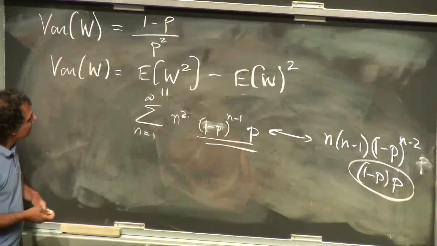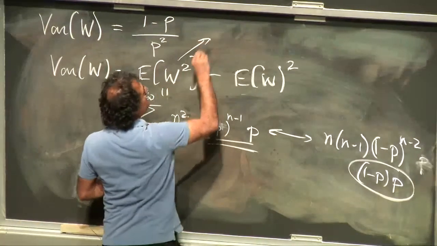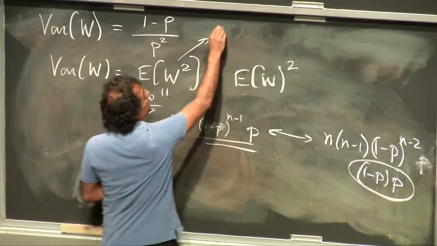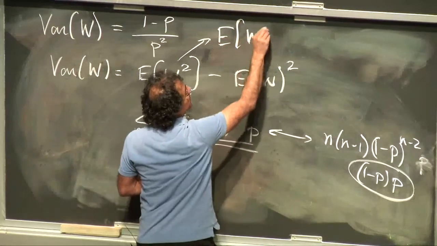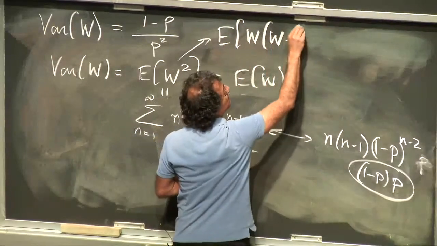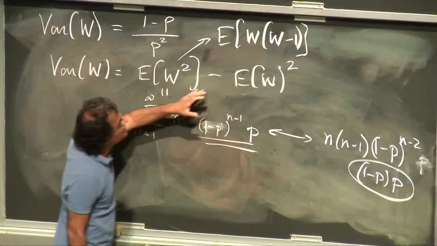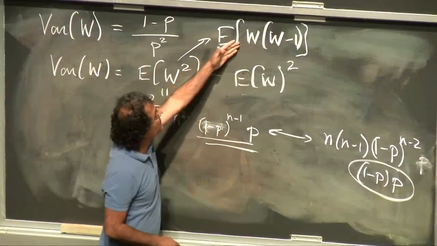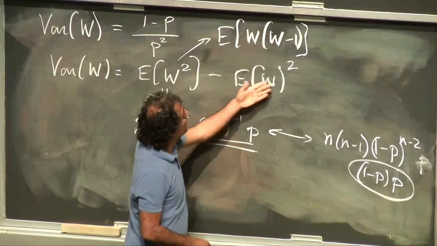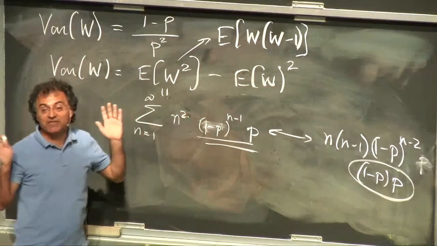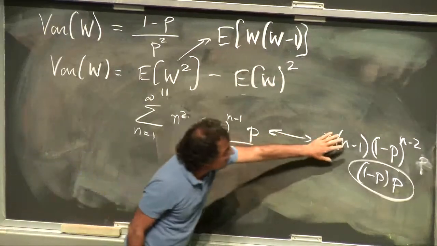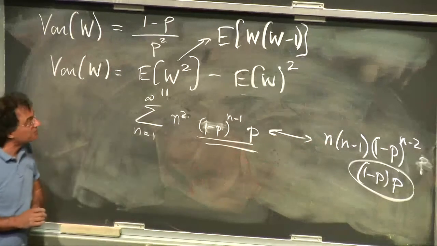Well, really, what we want here is not the expected value of W squared, but the expected value of W times (W minus 1). So if the variance of W had been the expected value of W times (W minus 1) minus the expected value of W squared, we'd have been happy, because then we'd have been able to do this summation.